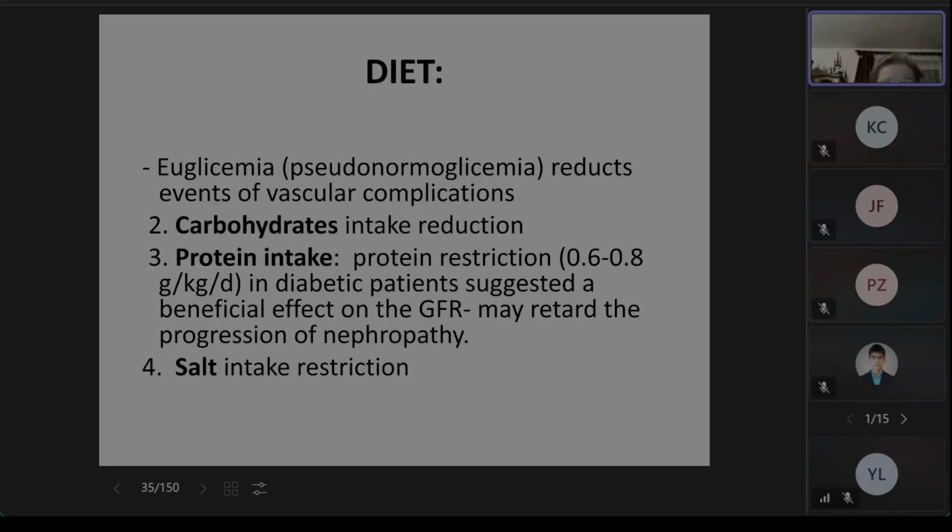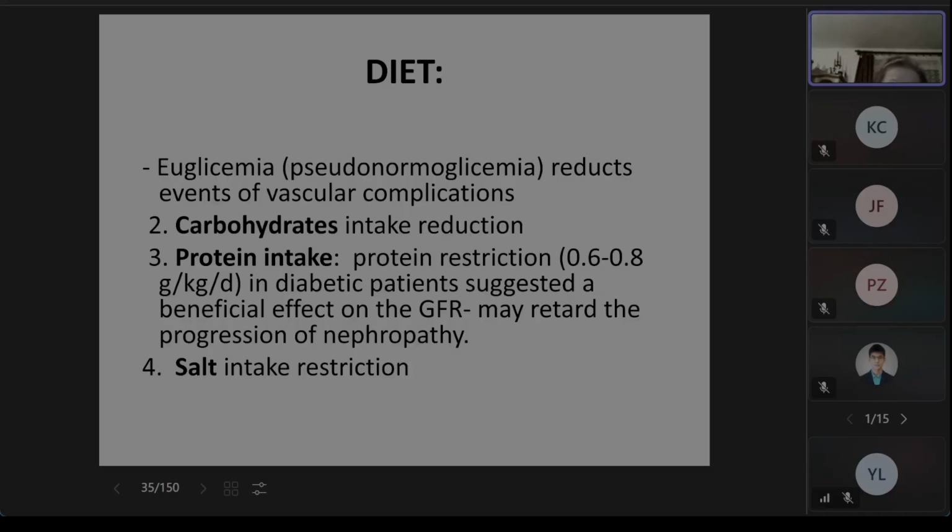This reduction can lead to avoiding forming too many protein end products like creatinine, urea, and uric acid.